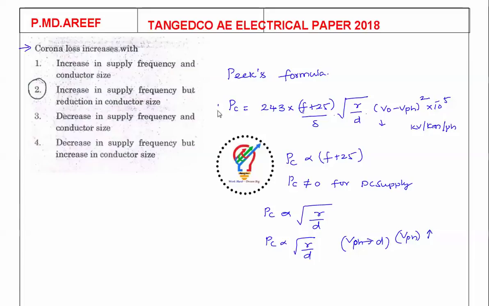Finally, losses are going to be decreased. So don't confuse this r and d here. So from this we can say that it is an increase in supply frequency but a reduction in conductor size, right?